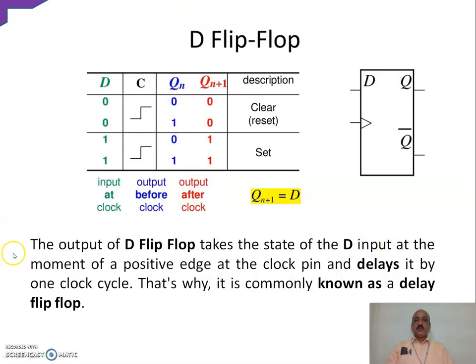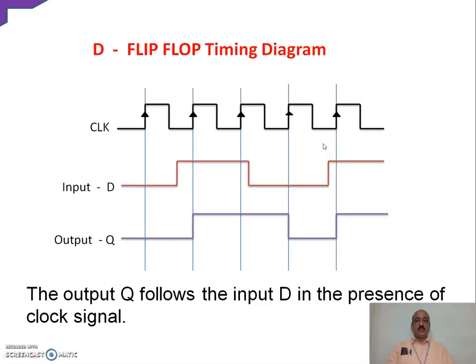So the output of a D flip-flop takes the state of the D input at the moment of a positive edge at the clock pin and delays it by one clock cycle. That is why it is commonly known as a delay flip-flop. So here we can understand this by using the timing diagram.